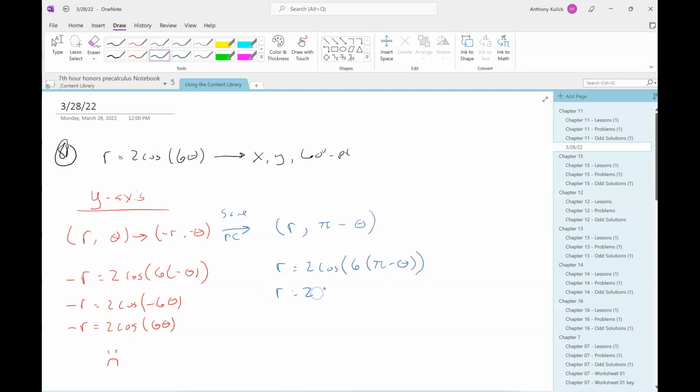So I distribute the 6 through. And then I do my difference of two angles formula for cosines. It's going to be cosine 6 pi times cosine 6 theta, and then it's plus, just put the 2 there, sine 6 pi times sine 6 theta.